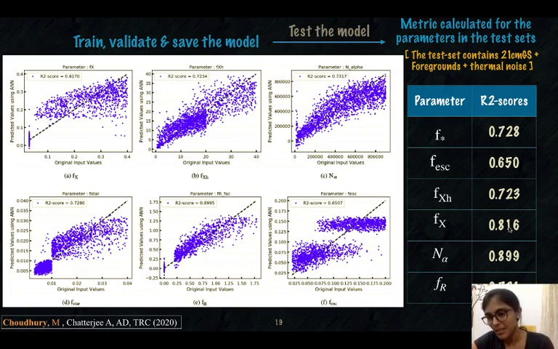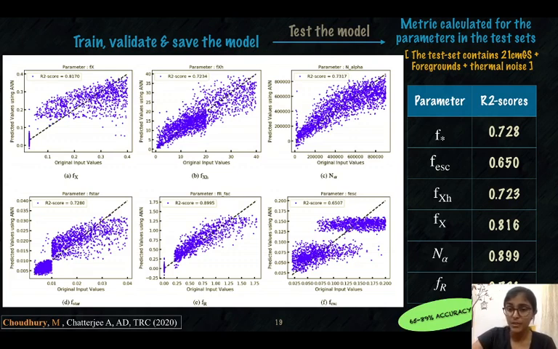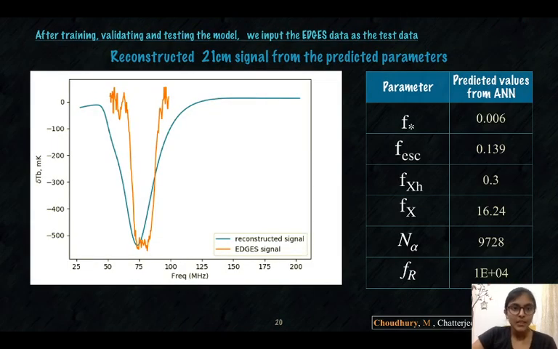Closer to 1 gives a better measure, you can say a better prediction. So our model has an accuracy of predicting the parameters individually, which ranges between 65 to 89%.